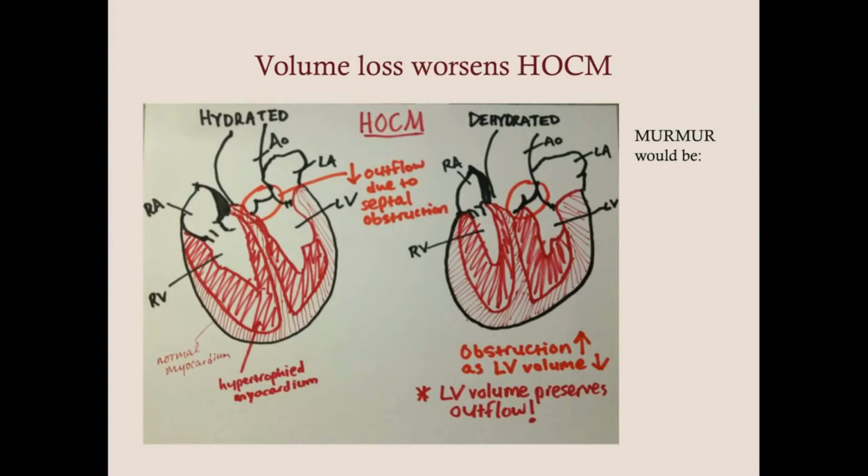This is why, if you remember back to the valvular disease slides, the Valsalva maneuver makes the HOCM murmur, that aortic stenosis murmur, louder. Why does it make it louder? Because when you do Valsalva, you reduce the blood flow to the heart. And as you reduce the blood flow to the heart, you're increasing the obstruction. And so that murmur, which is a systolic crescendo-decrescendo murmur, is going to be louder.